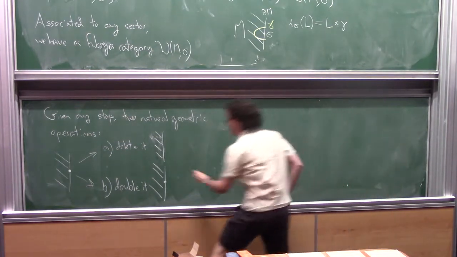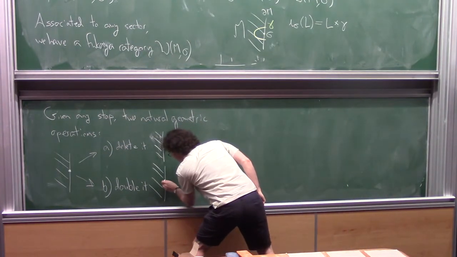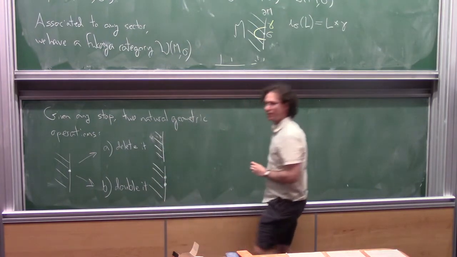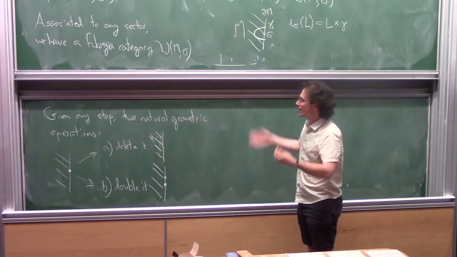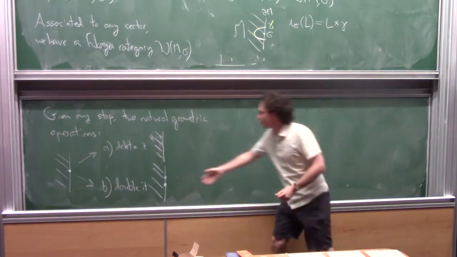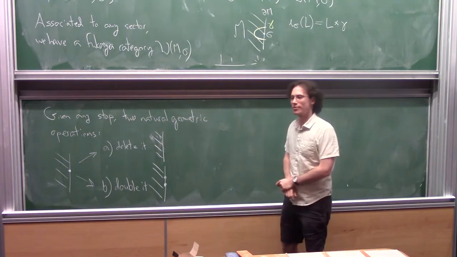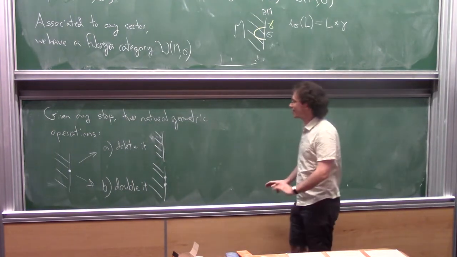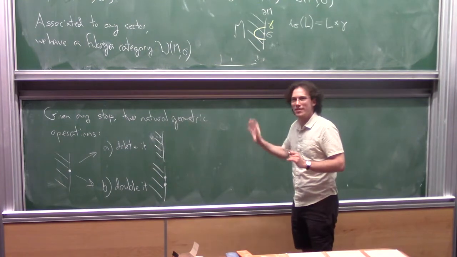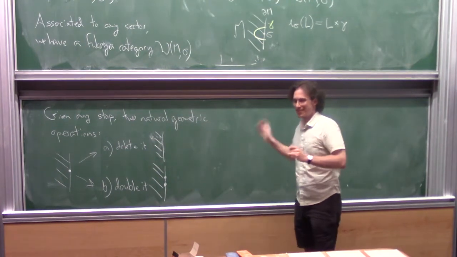I can also triple it, but tripling is like iteratively doubling. And then there's some kind of isomorphism. Turning it into 0 and turning it into 2 generates all the other things you can turn it into.